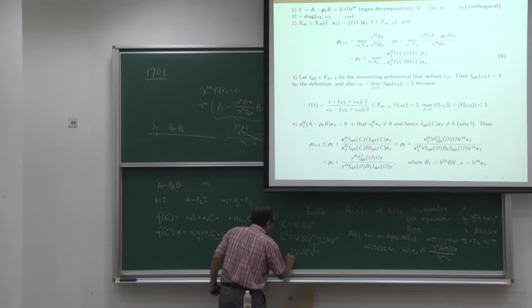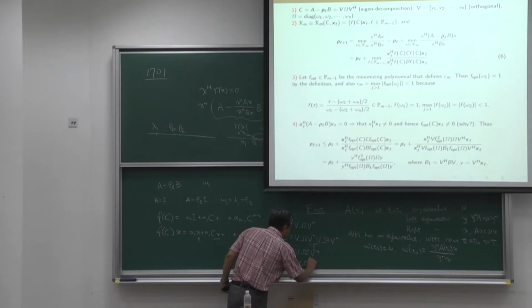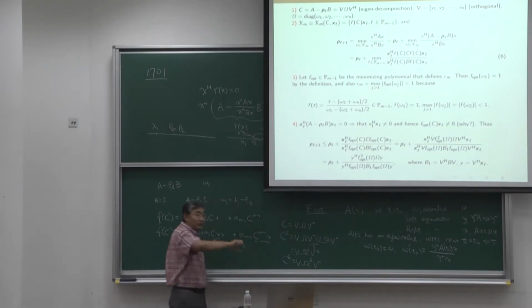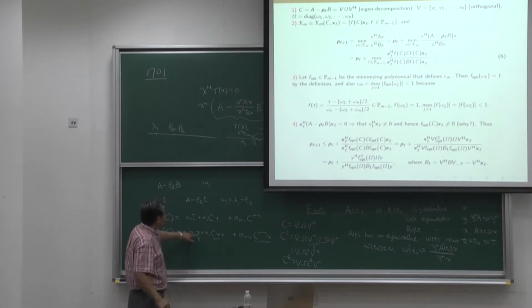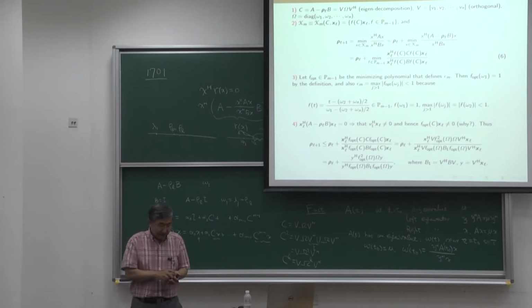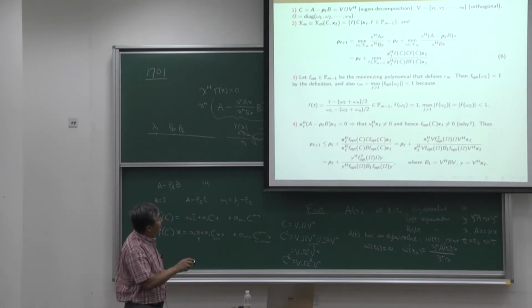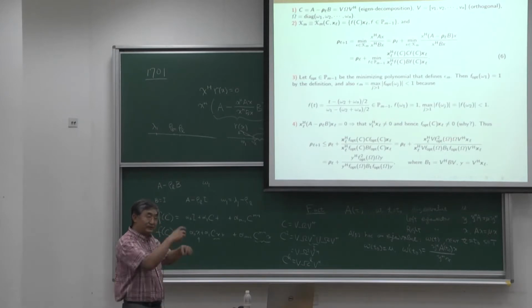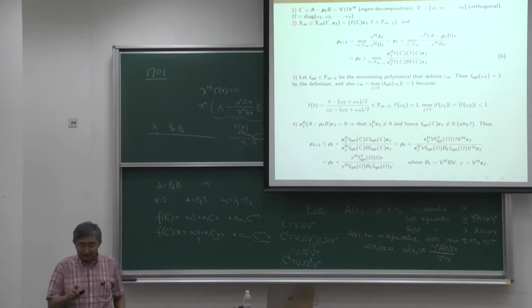It turns out for any power, C to the k becomes V omega to the k V transpose, and V just always splits out. So you put it in, you can take a V out. And that's why before it was f opt of C, and then the V all comes out and becomes a diagonal omega. That's another common point.